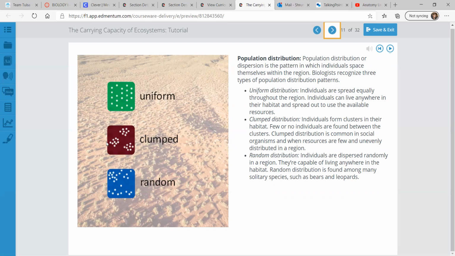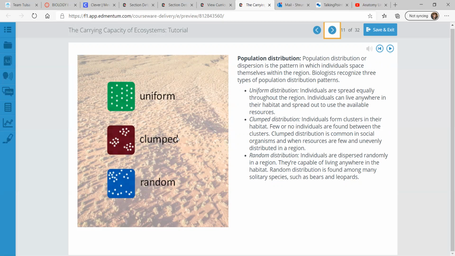So that means, in between these clusters, there are not really going to be individuals existing apart from those clusters. This is a very popular distribution in social organisms like primates or humans, and when resources are few and unevenly distributed in a region.